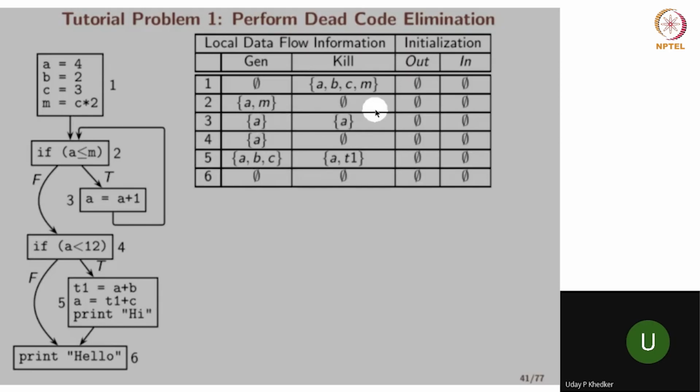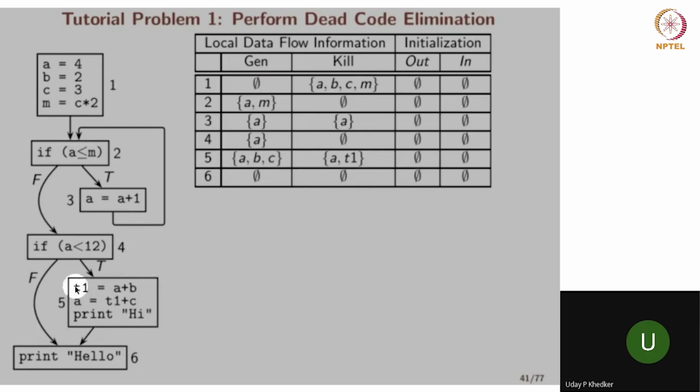A is both live, its liveness is generated and its liveness is killed. In basic block 4, again nothing is defined, so kill is the empty set. A is being read, so A is in the set gen. In this particular basic block, first of all, we have kept temporaries out here initially. But supposing we include temporaries, even then, we have the variables A and B, which are being read before being defined.